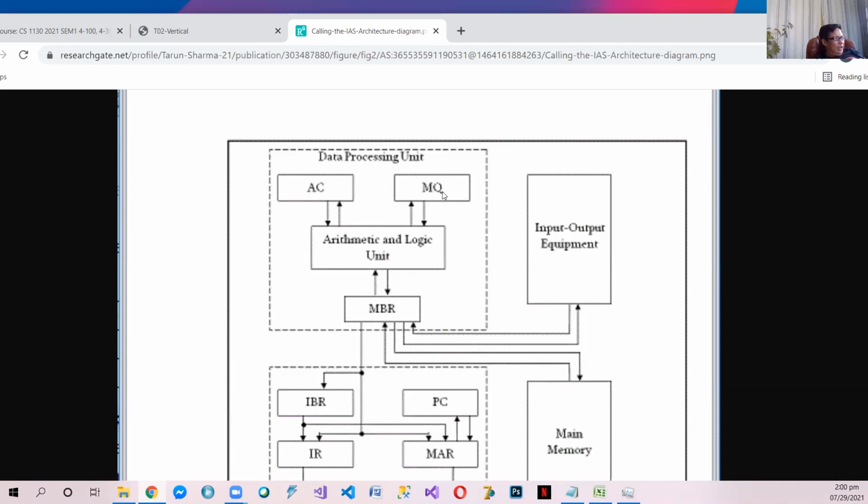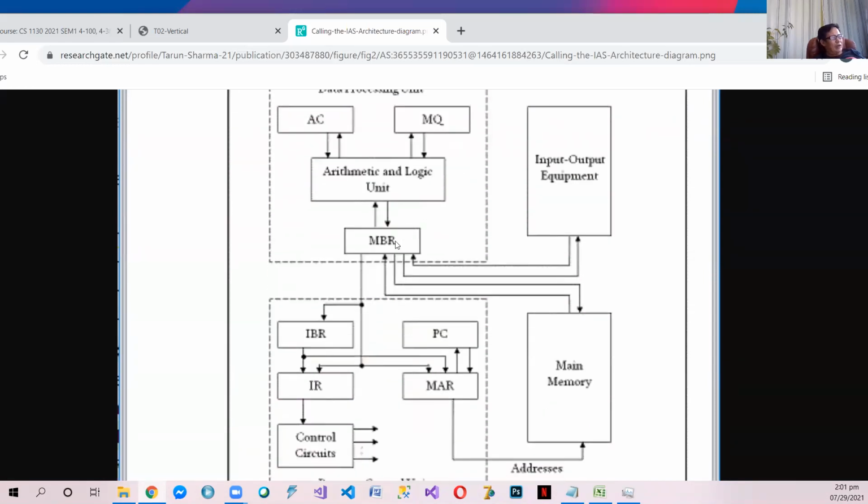And if you are going to divide the accumulator, the dividend, by a value from memory, the result, the quotient, will be stored in MQ and the remainder will be in the accumulator.